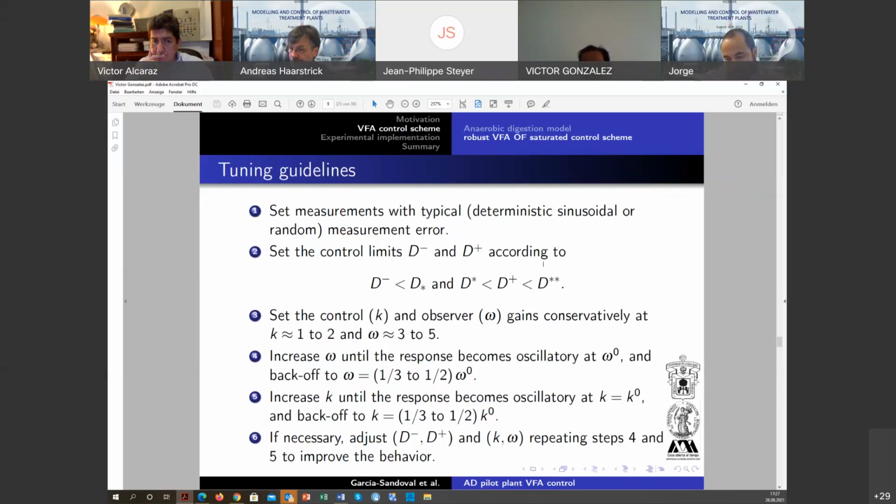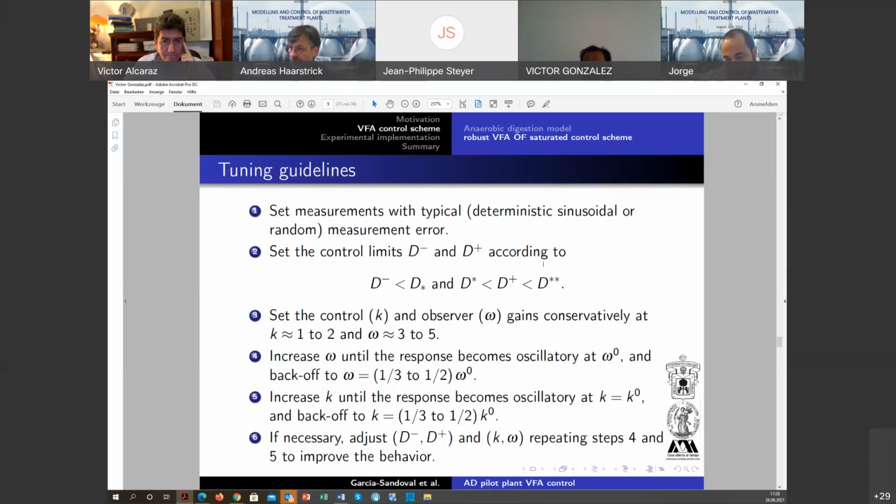We set the limits theoretically, yes, by analyzing the bifurcation diagram. And then we started a tuning process like a textbook classical control tuning technique.